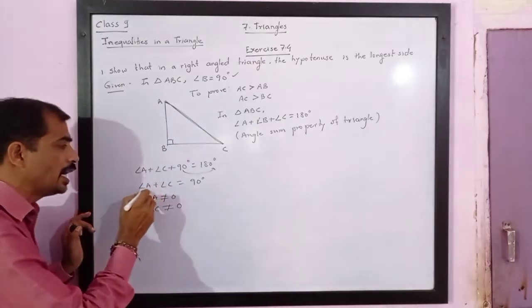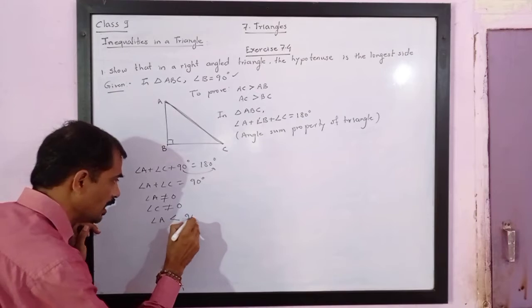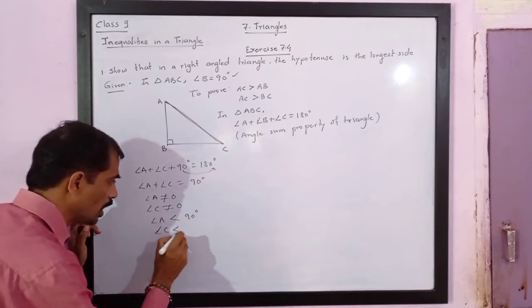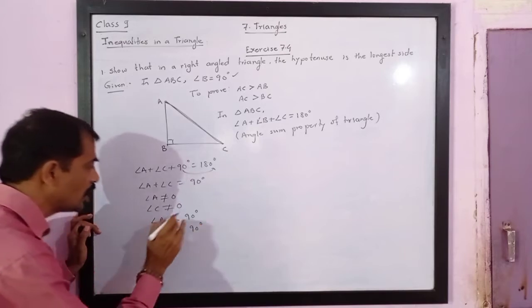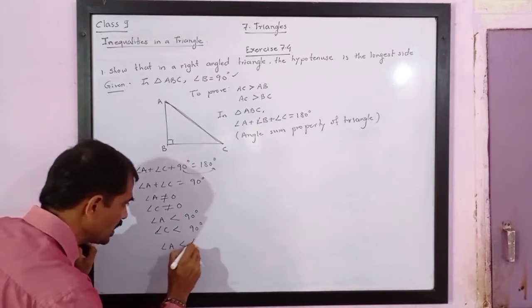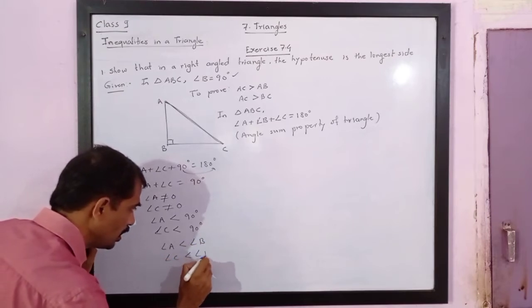It means angle A is less than 90 degrees and angle C is also less than 90 degrees. It also means that angle A is less than angle B and angle C is also less than angle B.